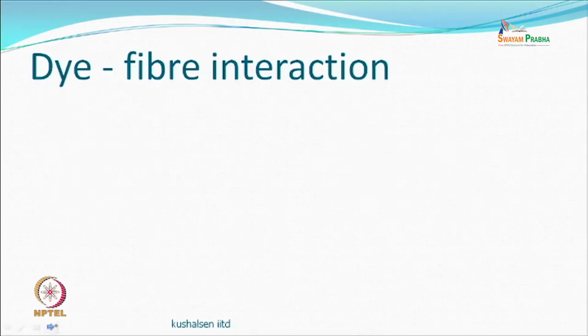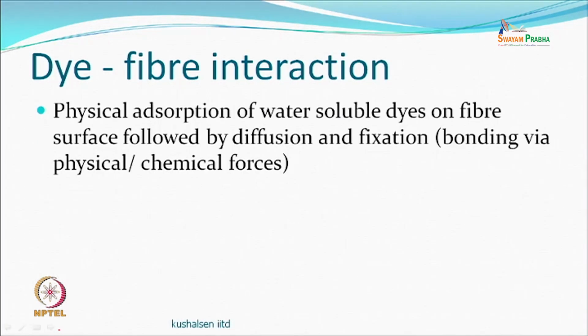Let's first look at our revision, as I said, this is a revision. Normally what would be happening is that you dissolve the dye in, let us say, water. So we have water soluble dyes.